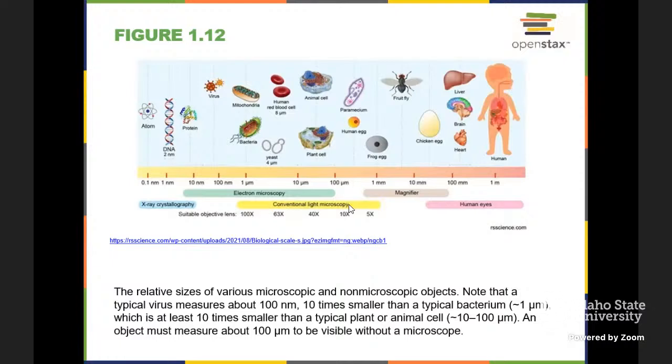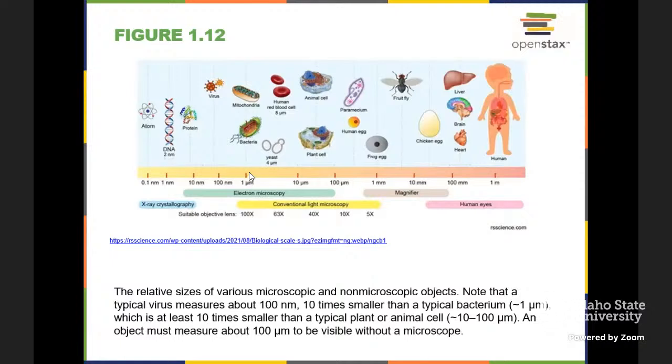Down in yellow, this is what we think about in the labs that we will be dealing with, the conventional light microscope. They've got great magnification and allow us to see cells, but when it comes to bacteria, they are super small. When you look at them under the highest power on the microscope, they're still going to look very small, like little teeny dots or little rod-shaped cells, elongated.